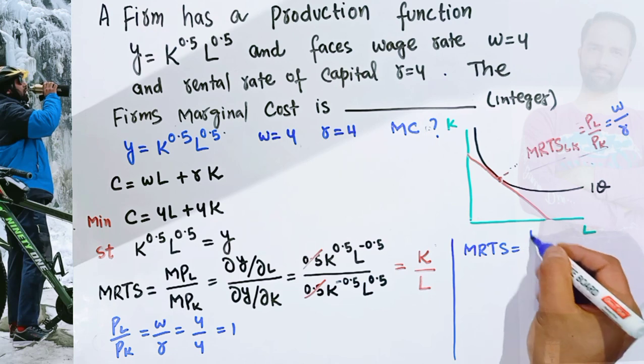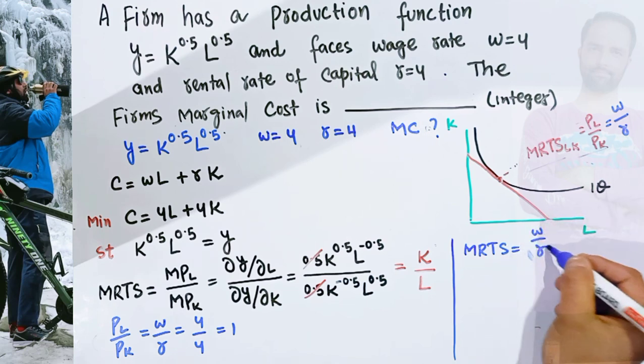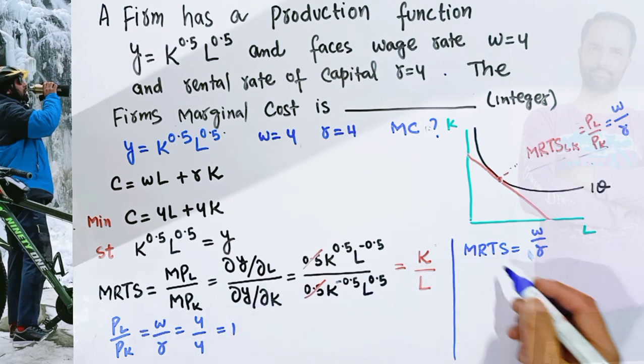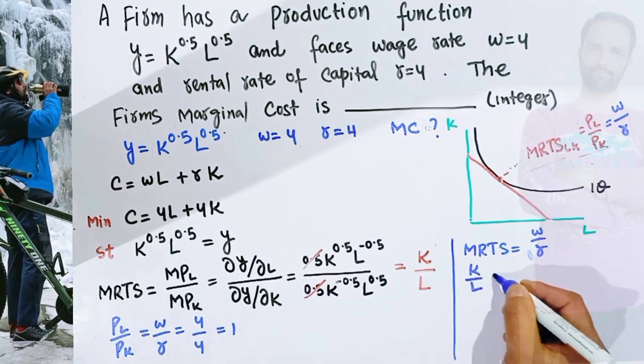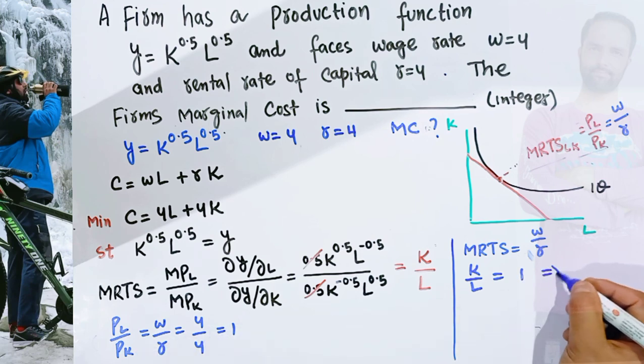MRTS should be equal to W upon R. MRTS we calculated came out to be K upon L. W upon R is equal to 1, which implies K should be equal to L.